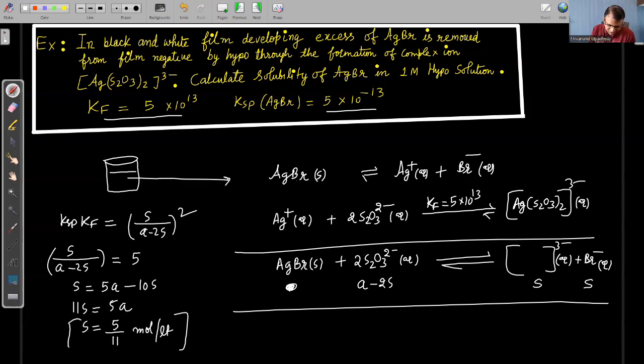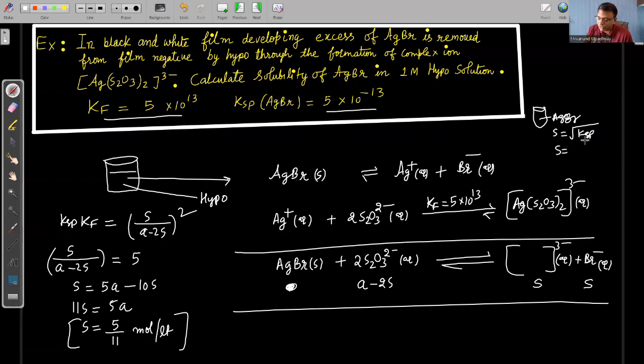And if you check, if this thing is not there, only AgBr is there, then we can write that Ksp is equal to solubility squared, right? So if there were only a solution of AgBr, we can write directly that solubility squared is equal to Ksp, or solubility is under root Ksp.